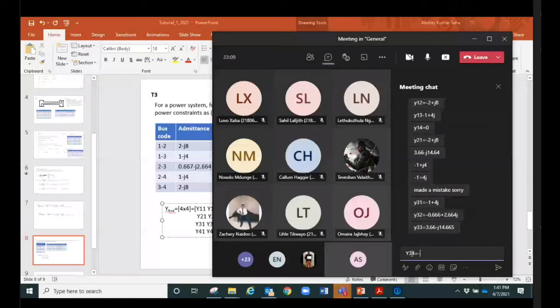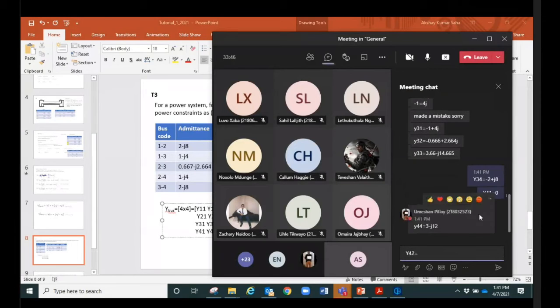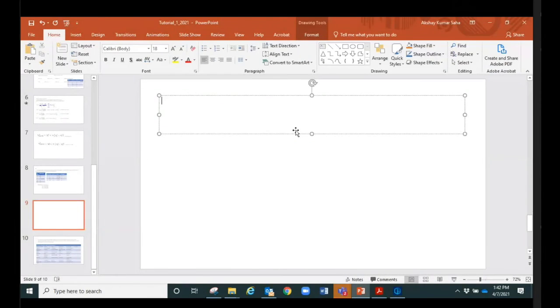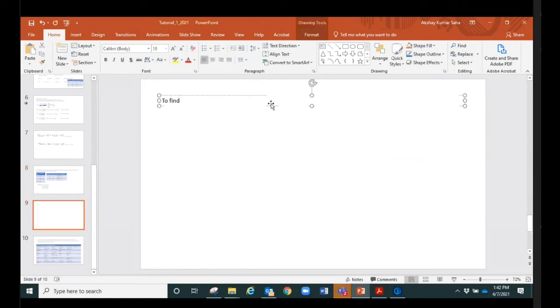We know that P plus jQ is V times the conjugate of I, but we are using the conjugate equation. So if we put i equal to 2, we get P2 minus jQ2 is equal to this. Remember the condition that k can be equal to i here. So V2 conjugate times Y21 V1, Y22 V2, Y23 V3, Y24 V4, for k equal to 1 to the number of buses, which is 4.